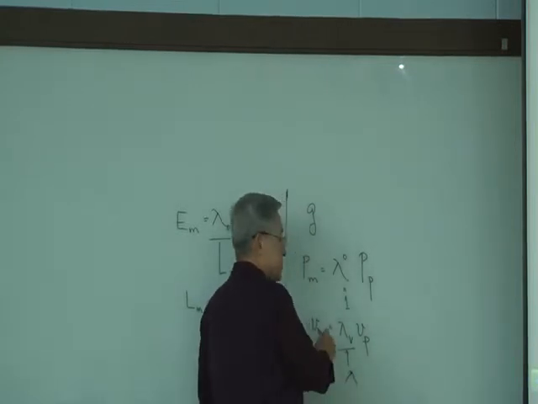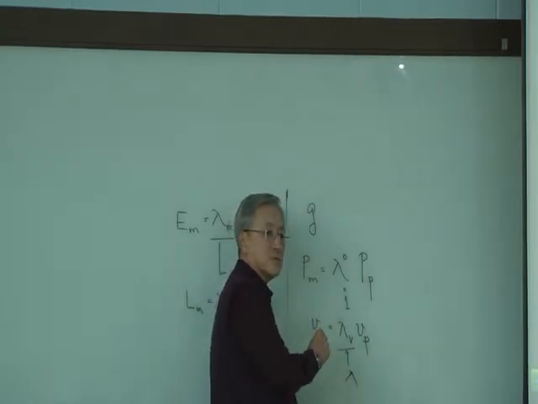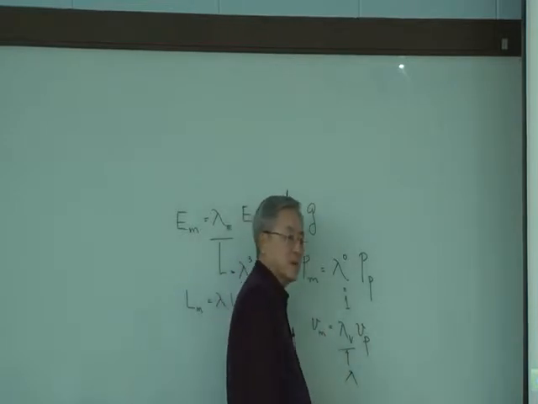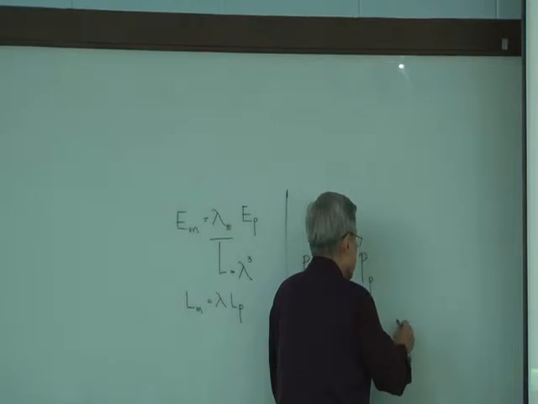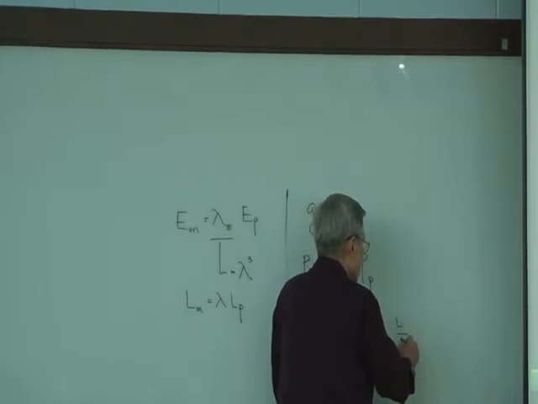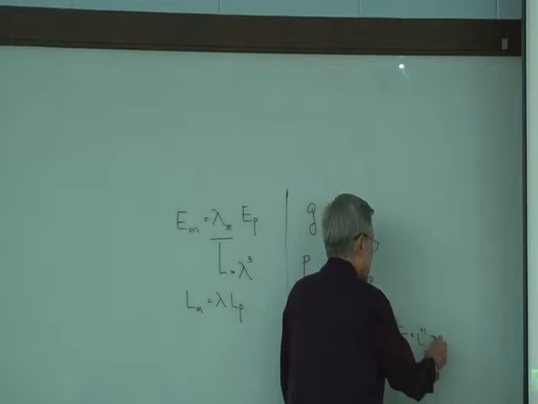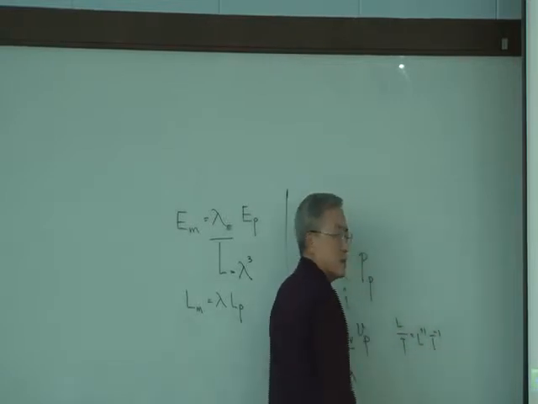What's the physical dimension for the velocity? Velocity is L over T, or you can use, in the scaling area, lambda to the power T to the minus 1, right?